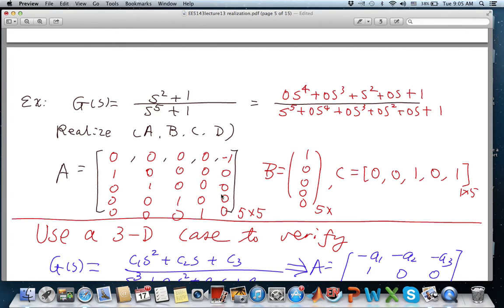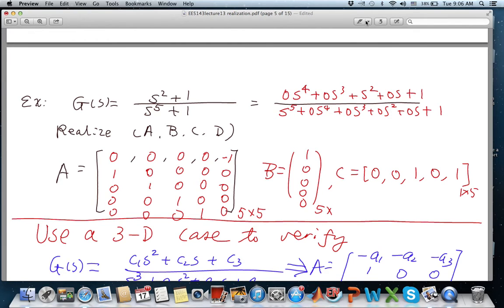Because the denominator is of fifth degree, we can see that the A matrix is 5 by 5. Okay, and meanwhile your B matrix is going to be 1 on top, and then all the other elements will be 0. For the C matrix, we're going to match the parameters here.